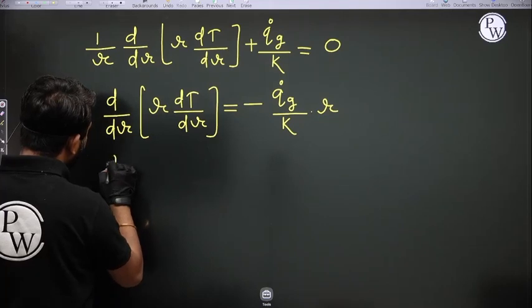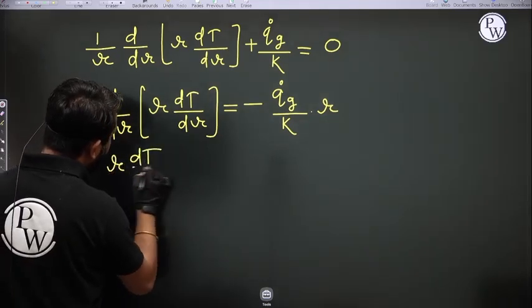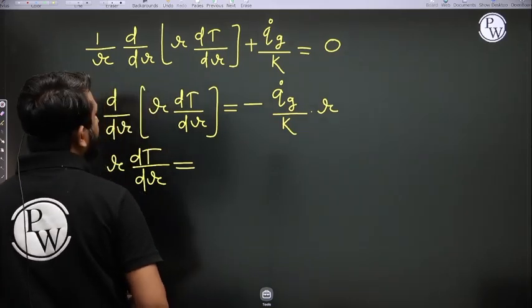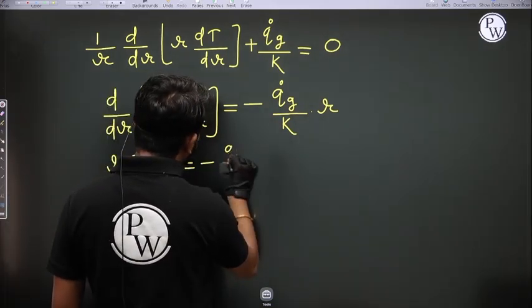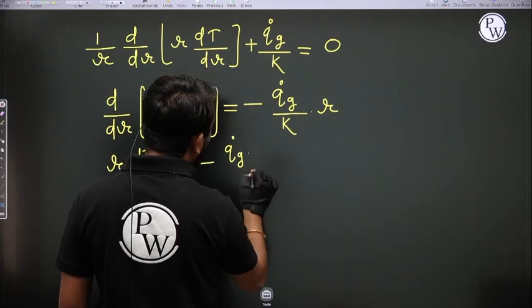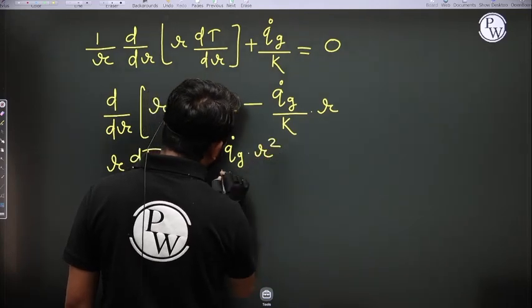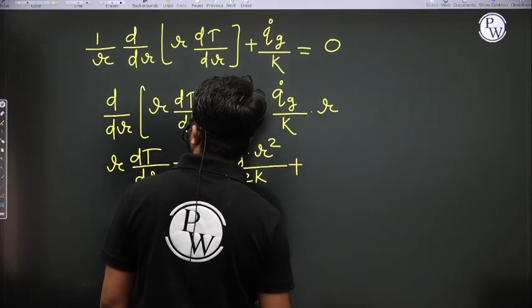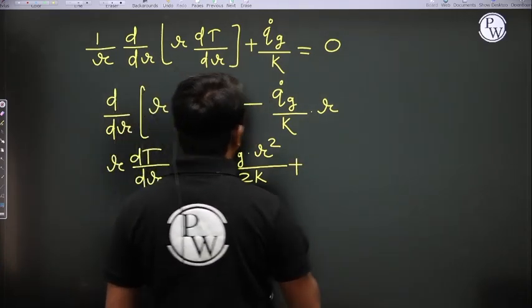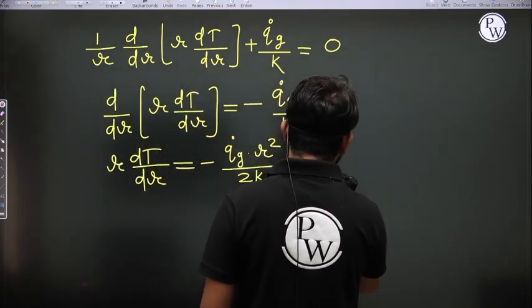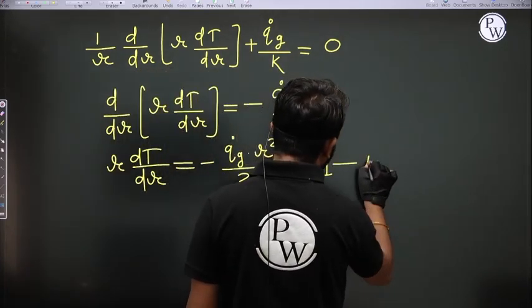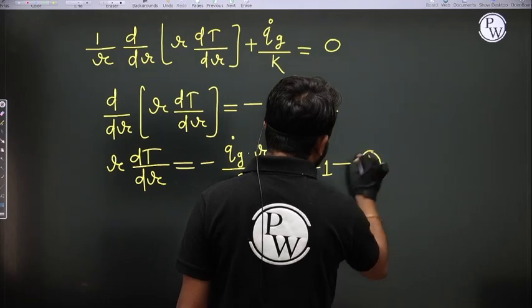Integrating once, we get R dT by dr equal to minus q dot g into R square by 2k, plus an integration constant C1. This is equation number A.